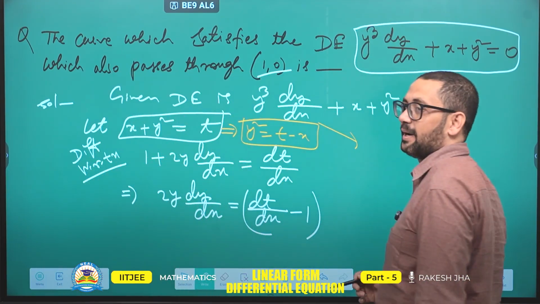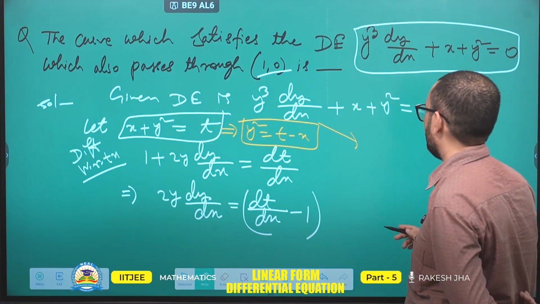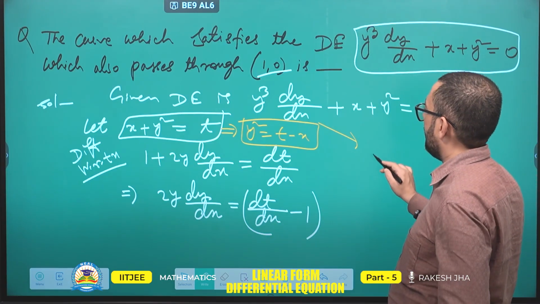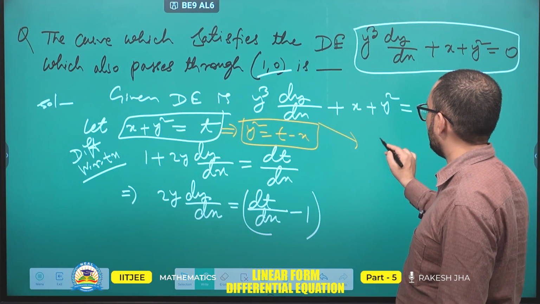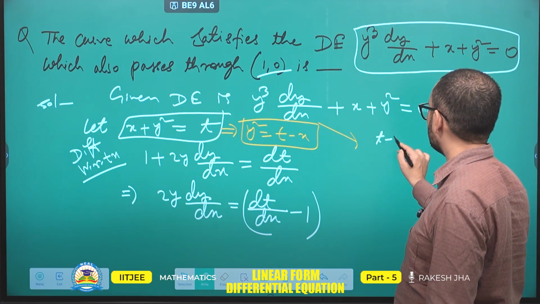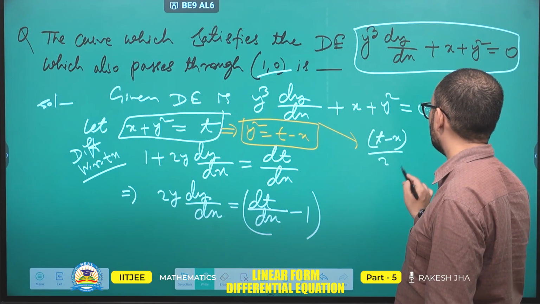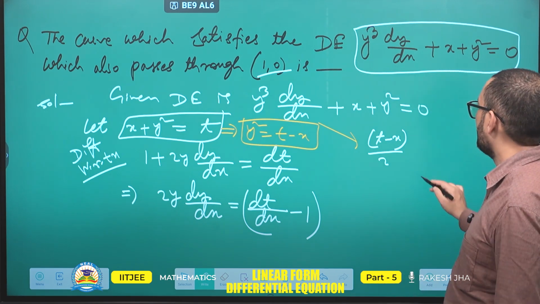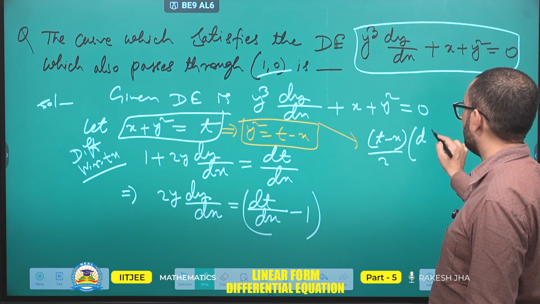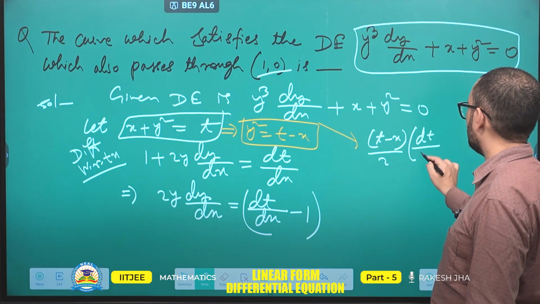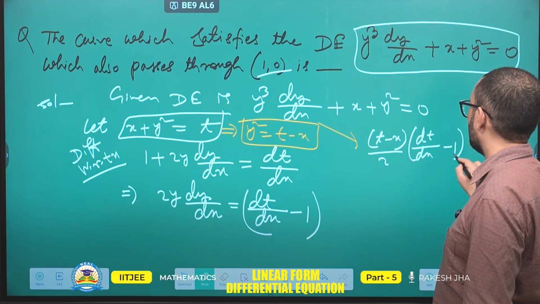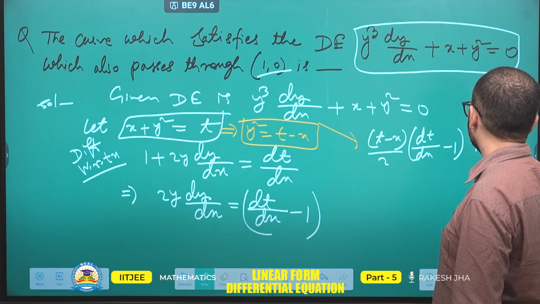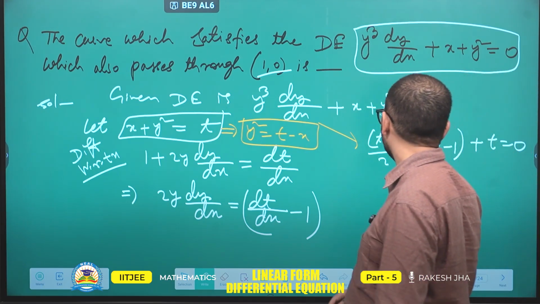So for y cube, we can write y square as t minus x, and y dy by dx is dt upon dx minus 1 upon 2, so it is t minus x upon 2 times dt upon dx minus 1, plus t is equal to 0.